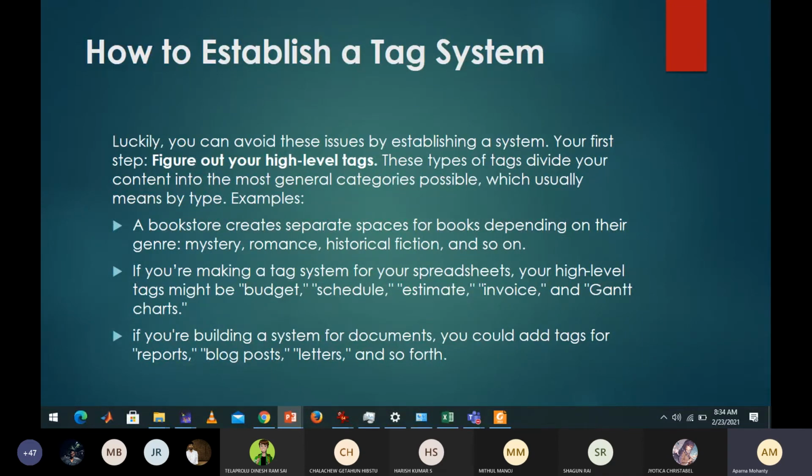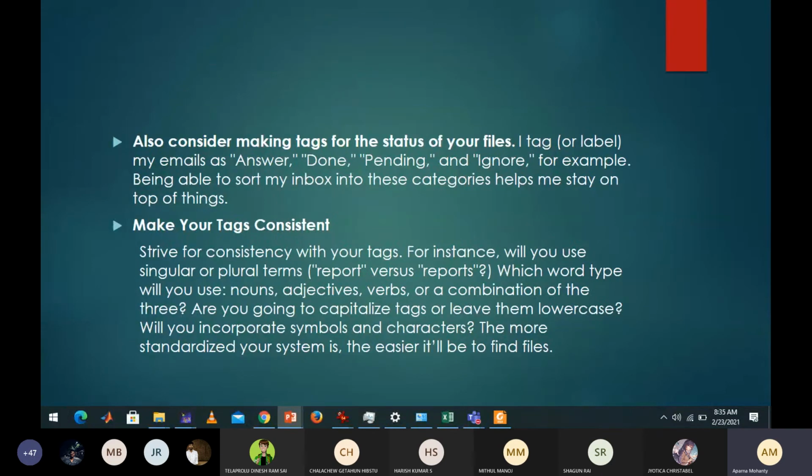The way I told you in your Gmail, you have your inbox, forums, bins, sent mails, draft mails. These are different tags that you use. But whenever you make tags, keep in mind that they have to be consistent. If you give some tag and then forget what tag you have given, it makes no sense.